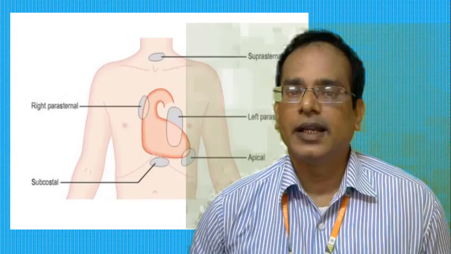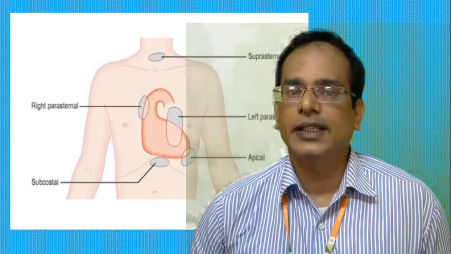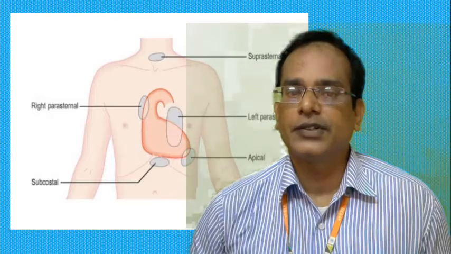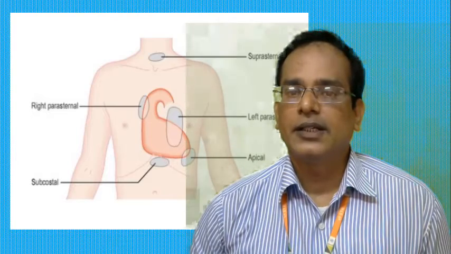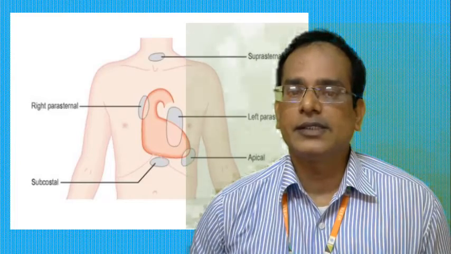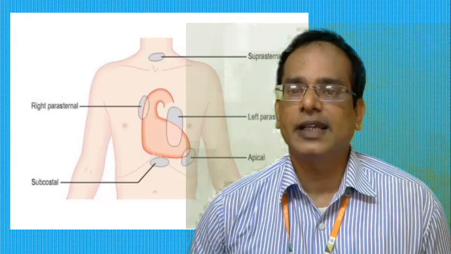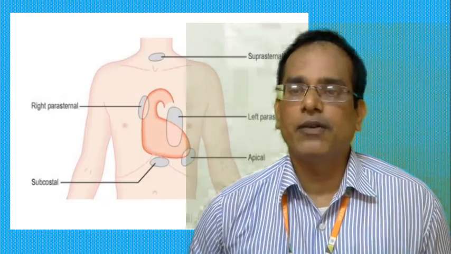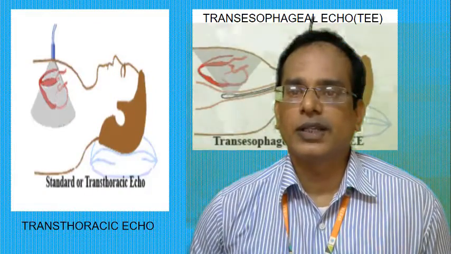Second, right parasternal information. Third, left parasternal information. Fourth, apical information. Fifth, subcostal information. These can be viewed with the help of the echocardiogram.